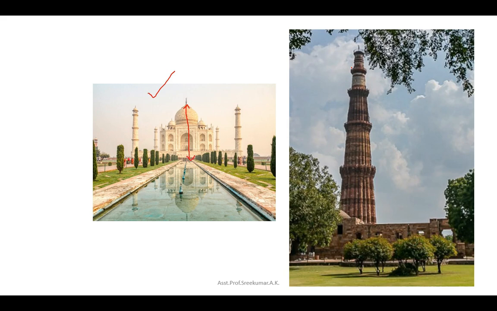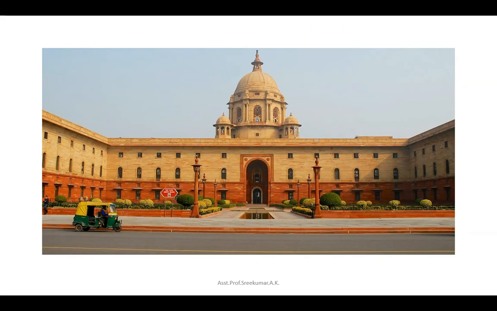Then we have the Qutub Minar, built in the 12th century out of sandstone. We have Rashtrapati Bhavan, built in the 1920s, designed by Lutyens and Herbert Baker. We have numerous colonial structures as well, which were built out of stone.